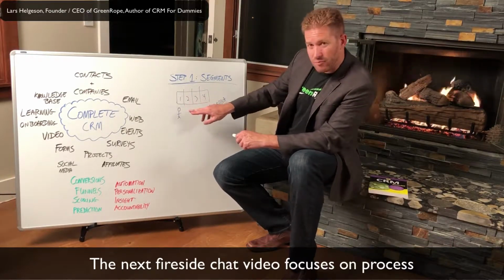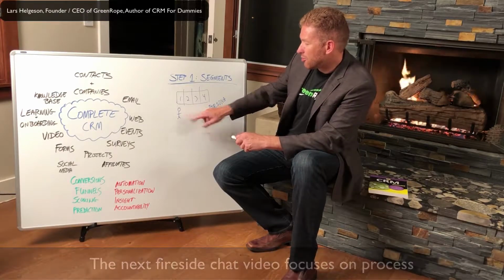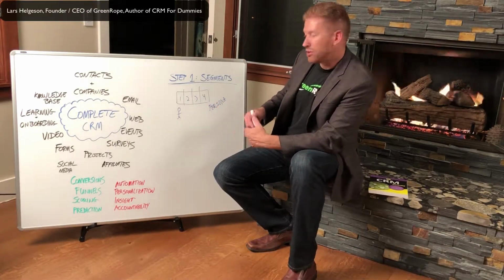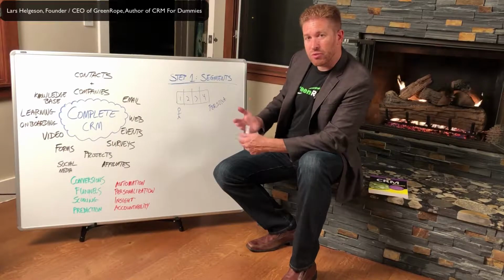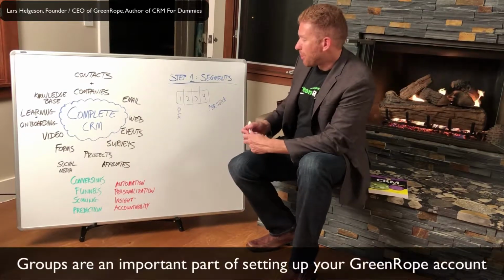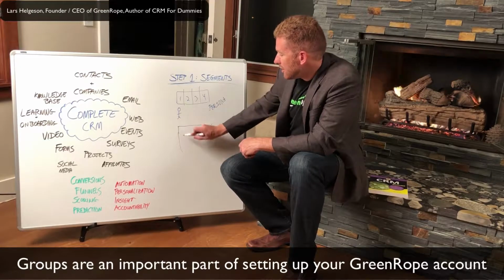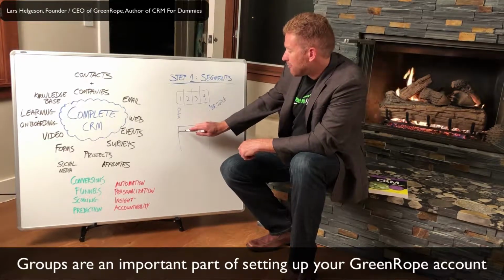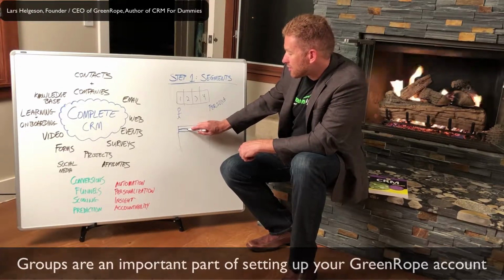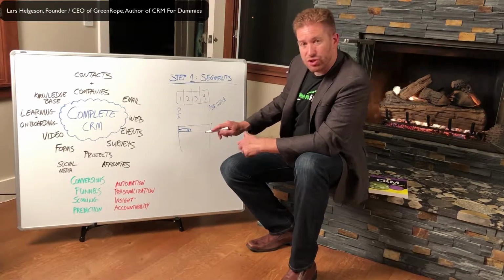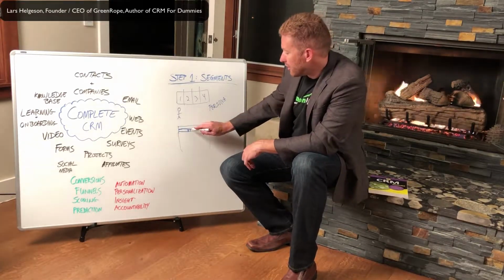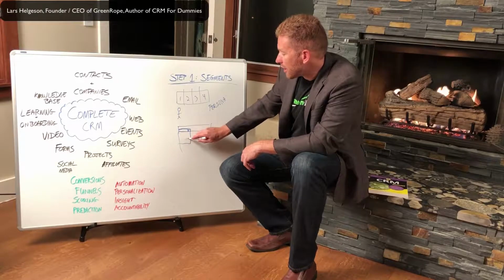So here we can look at this particular persona, and we're going to create what we call in GreenRope a group. When you log into GreenRope, you'll see the navigation at the top, but we have here a selector that allows us to choose which group we're working on. This is an important part of setting up your account.